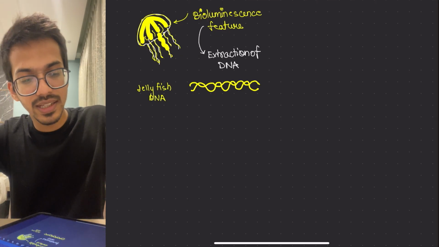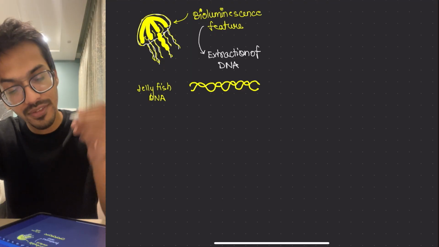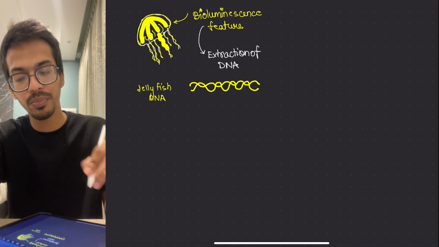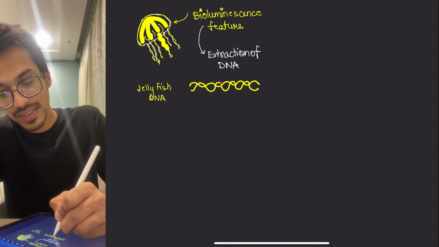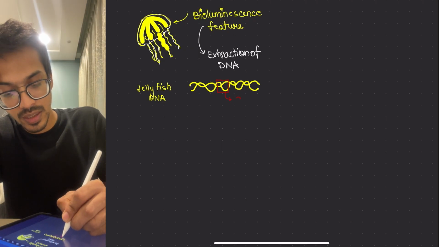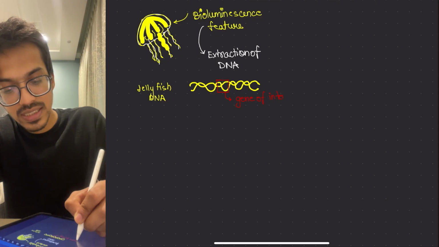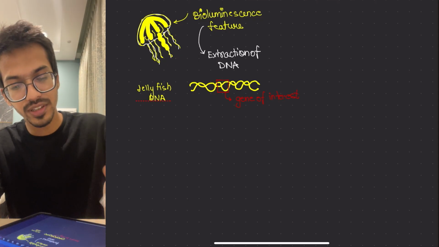Now in this DNA, only a certain part will have that particular gene. After the jellyfish genome project, we are able to find that at this place my gene of interest is there. What is the interest? The bioluminescent feature.